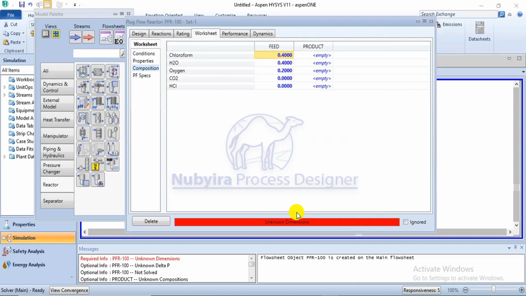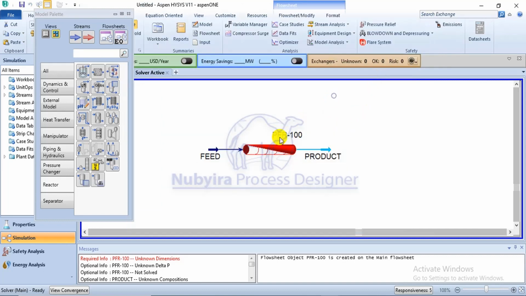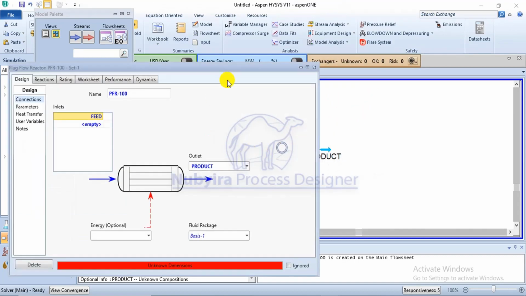Then this is okay. So we specify this. Okay, let me check. Okay, our feed is fully specified now.